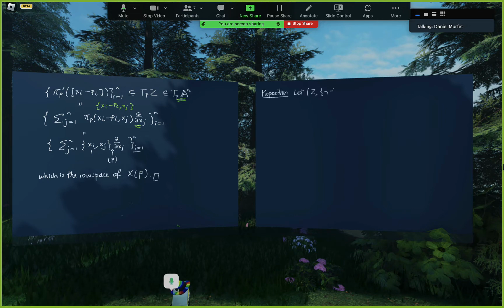Okay, proposition. So let's take a Poisson variety. One, the rank at any point is even. Actually, there's some errors in this textbook to do with the following point. They just sort of assume every point is regular, essentially, without saying so.